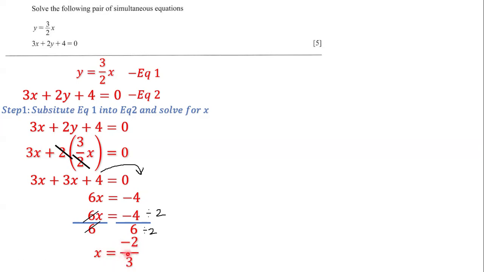If you get a whole number or a decimal that is not very long, then you could write the decimal version of the fraction. But since the decimal version of this fraction is extremely long, we leave our answer as a fraction. And so we have that x is equal to -2/3.